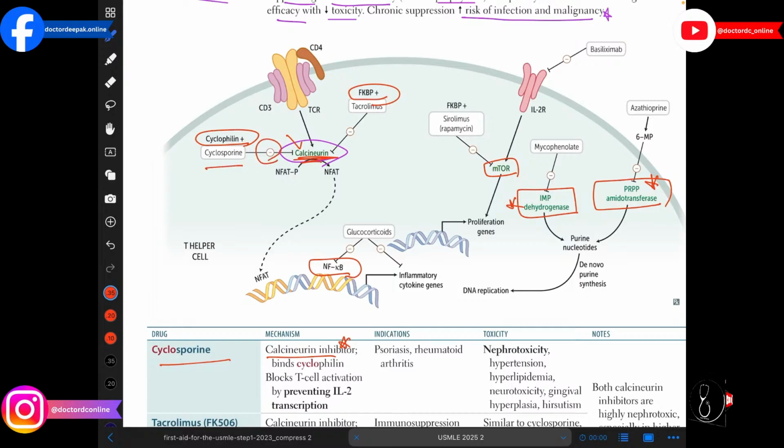So there will be no formation of NFAT, which is formed by the dephosphorylation of NFAT. NFAT does the transcription of DNA, and further it results in production of inflammatory cytokine genes. By that we decrease IL-2 expression and also decrease the production of cytokines or inflammatory mediators.